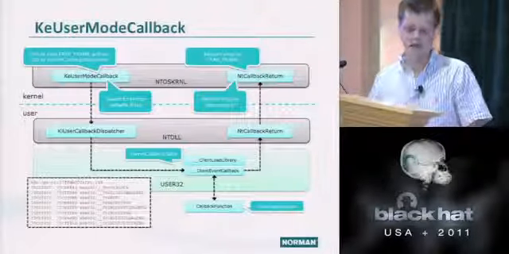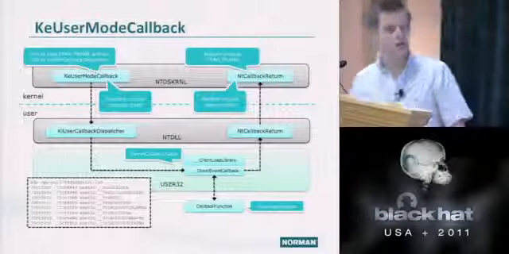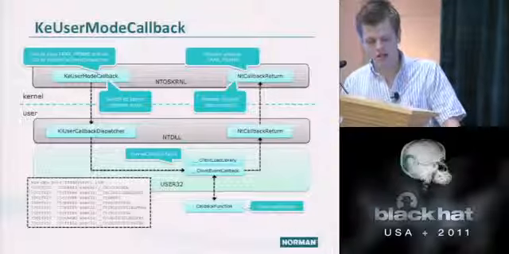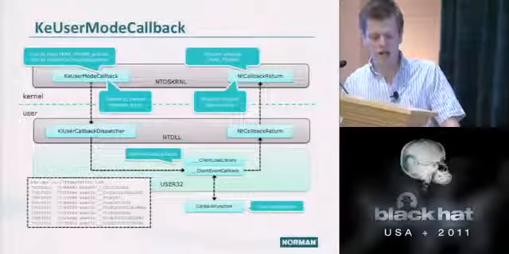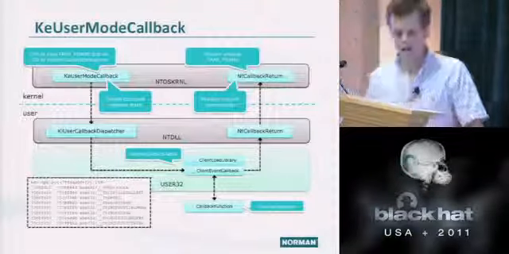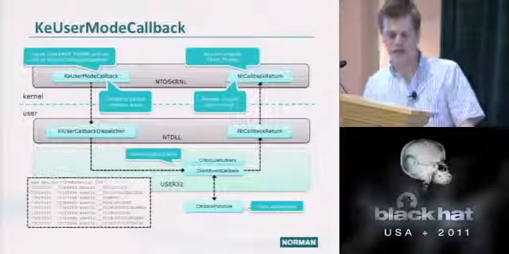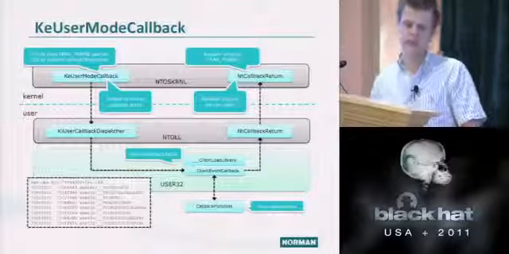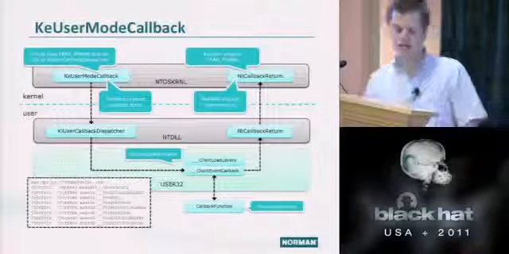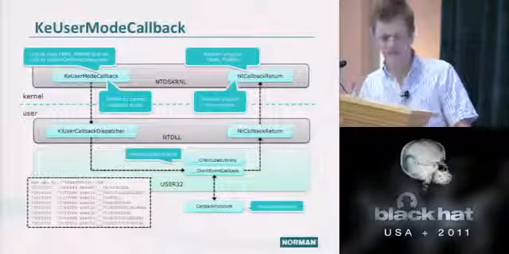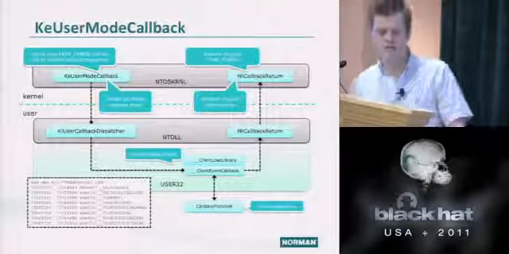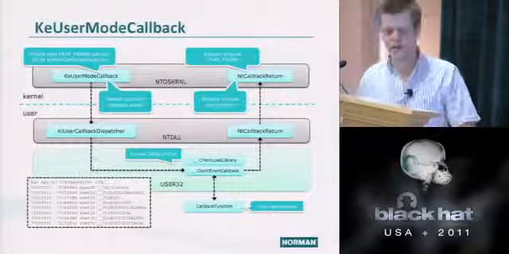Here you can see the callback to the user mode callback. It looks up one of the functions. In this case, the callback was an event callback, so it calls into the application that set this event and then executes the code that the user specifies. This is done in user mode, so this is okay. Then you return back to where you left off in the kernel using NtCallbackReturn.